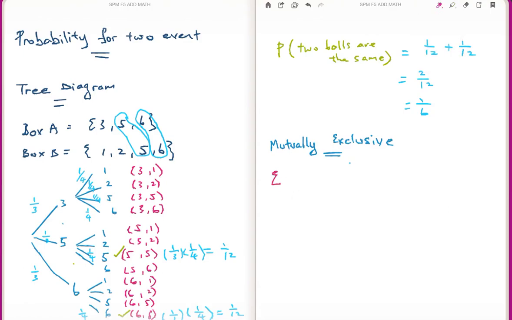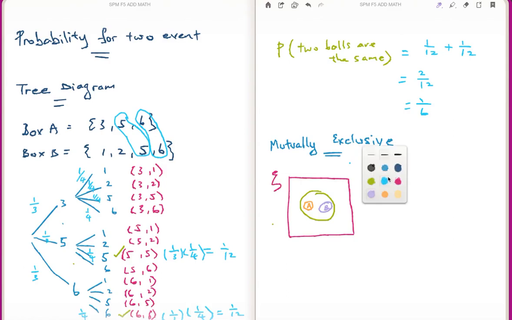If you have a Venn diagram, you may be able to represent it easily, where I have my sample space S. Maybe I have A here, and B here. So A and B do not overlap with each other.